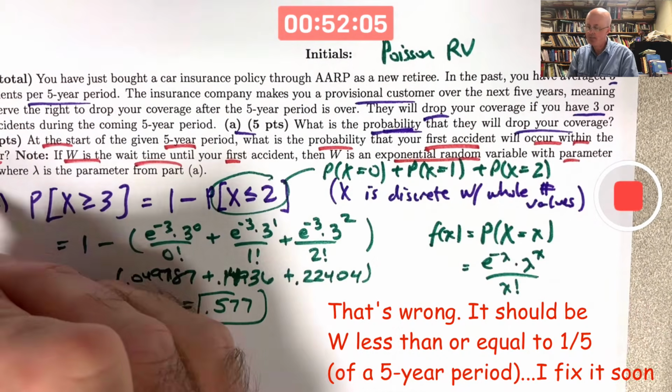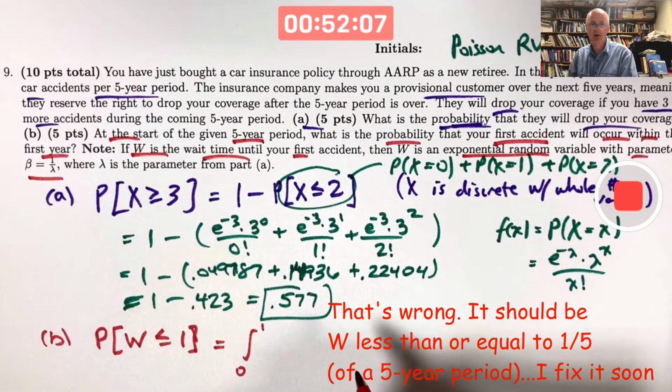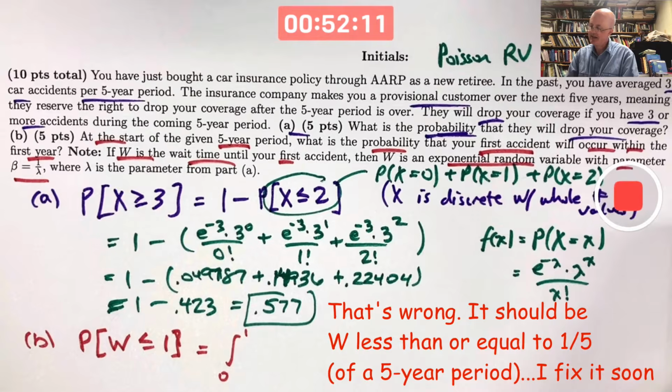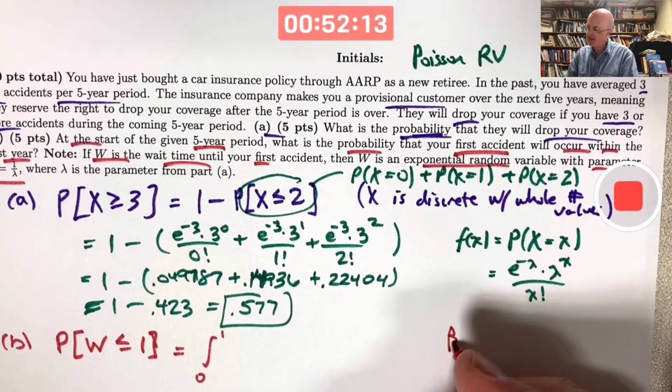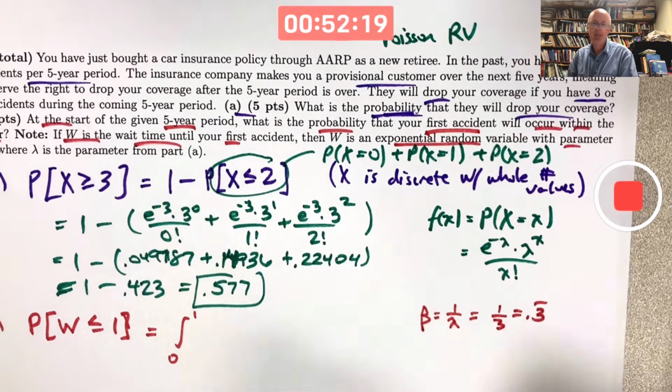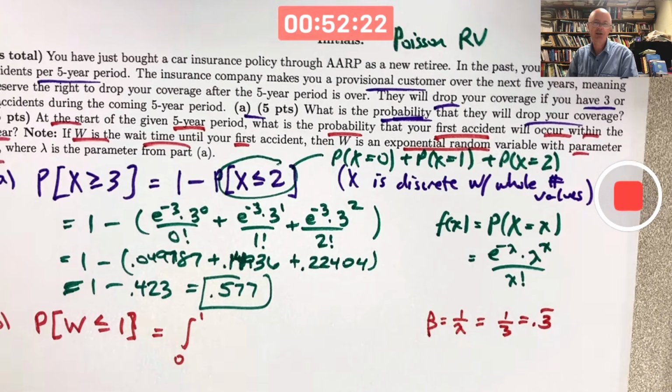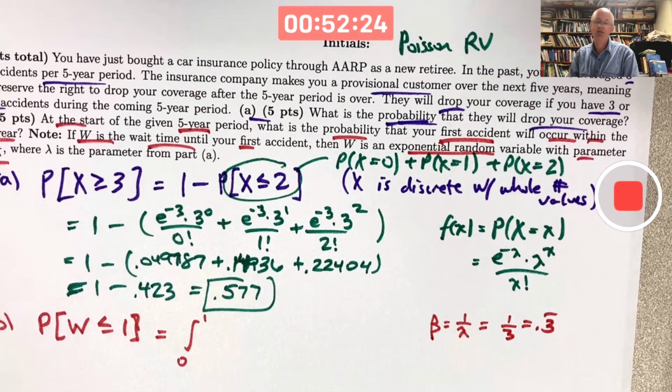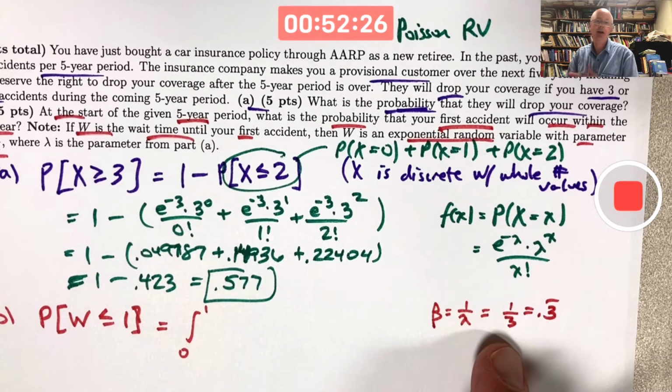It's got parameter beta, which is 1 over lambda, where lambda is the parameter from part A, and beta is the mean of this exponential random variable. That's going to be 1/3. This is saying on average, if you get 3 accidents every 5 years, it's going to take you about 1/3 of a 5-year period to get to your first accident.